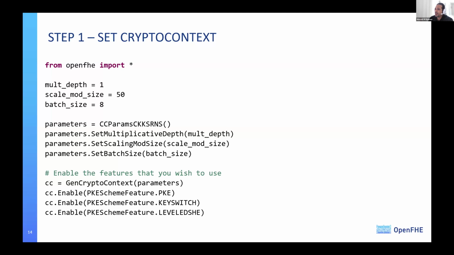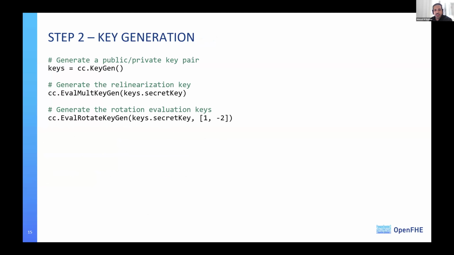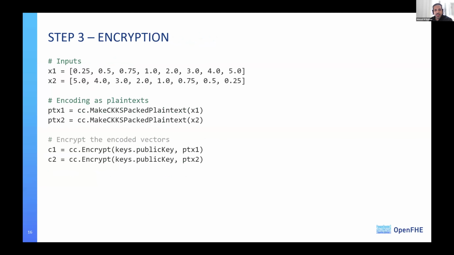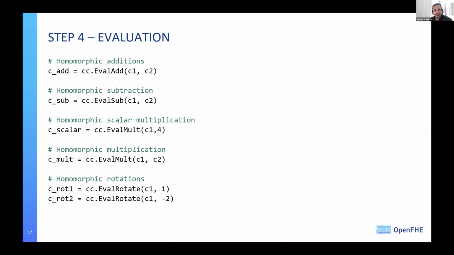Here, I'm showing a demonstration of how to basically initialize the library. This is an example for the CKKS scheme, setting up the parameters and enabling the cryptographic features, generating the keys, defining your data, encrypting it, and doing some evaluation.